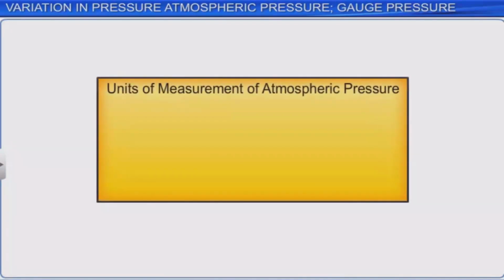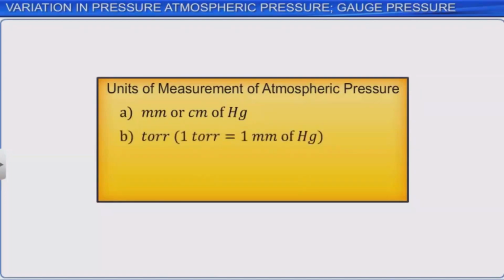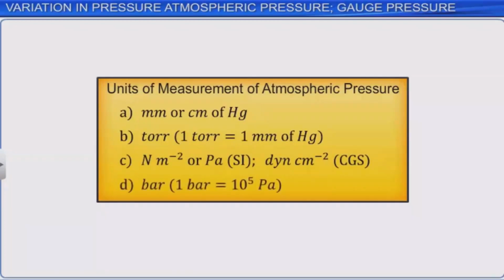It can be measured in millimeters or centimeters of mercury column in the barometer, or Torricellis. 1 Torricelli is equal to 1 millimeter of mercury column. Or in Newton per square meter or Pascal in SI, or dyne per square centimeter in the CGS system. Or in bars. 1 bar is equal to 10 raised to the power of 5 pascals.